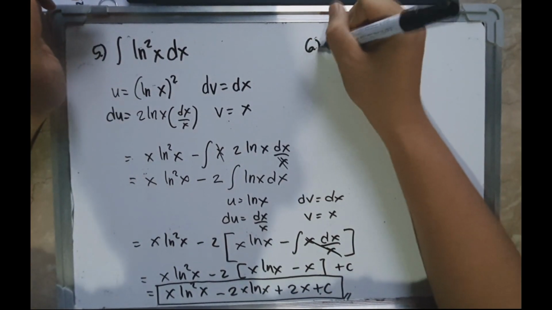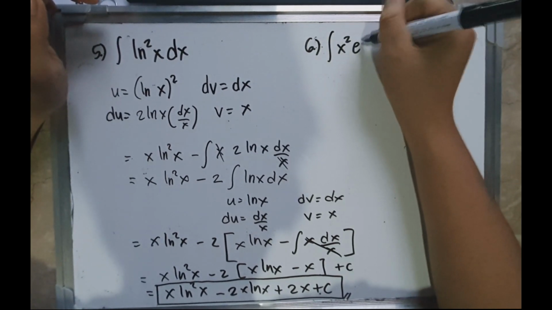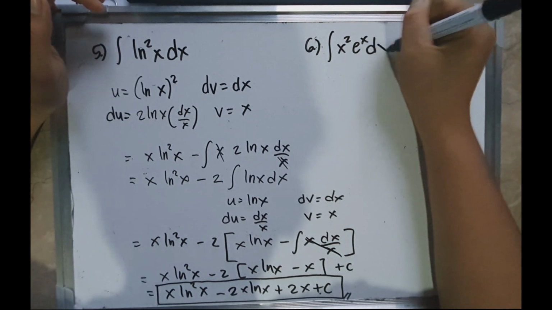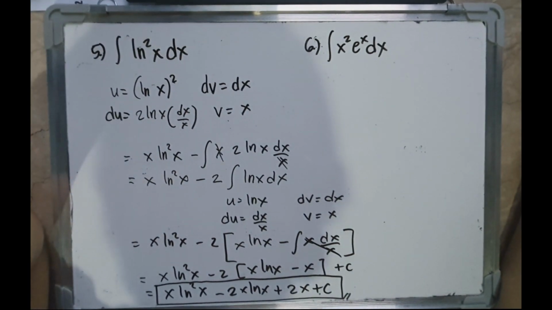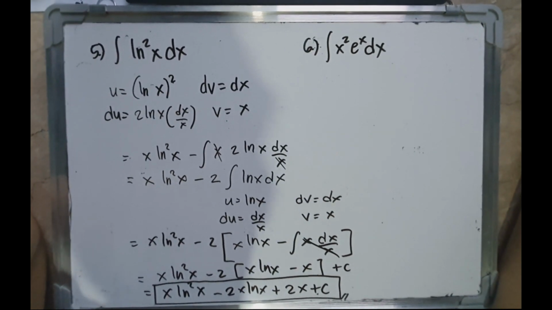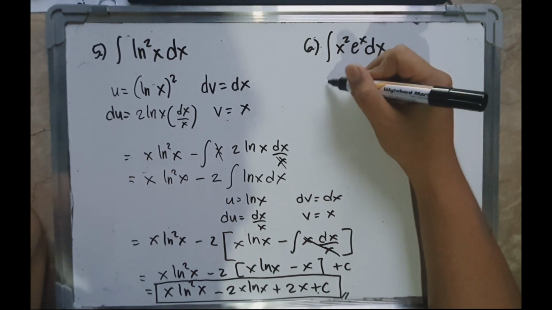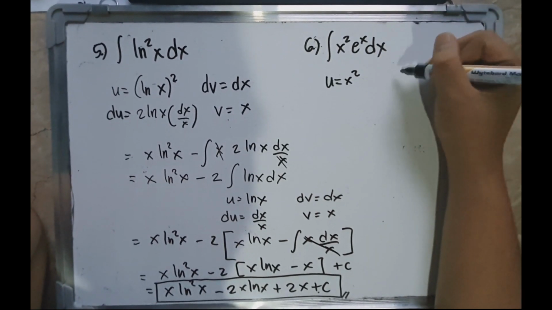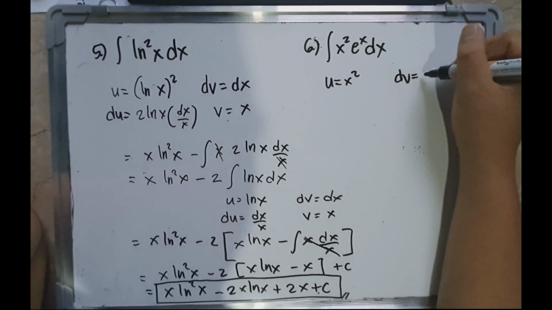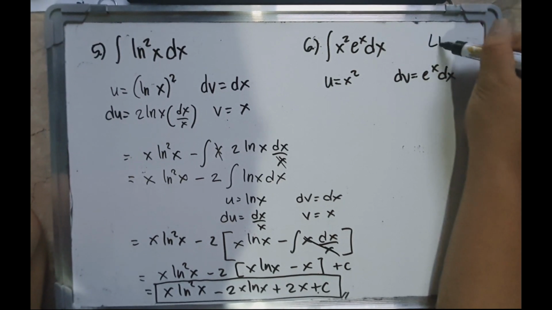Number 6, integral of x squared e to the x dx. So we will choose again the algebra for the u, x squared, and for the dv we have e to the x dx according to LIATE.